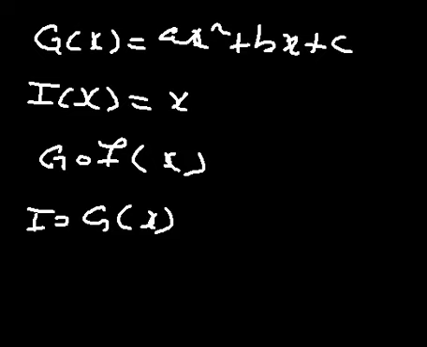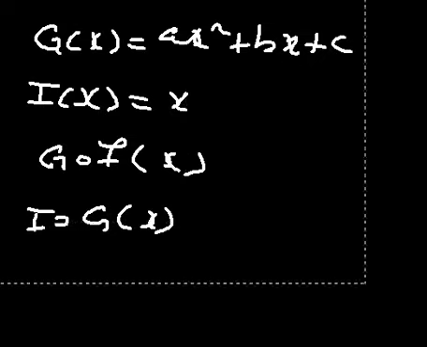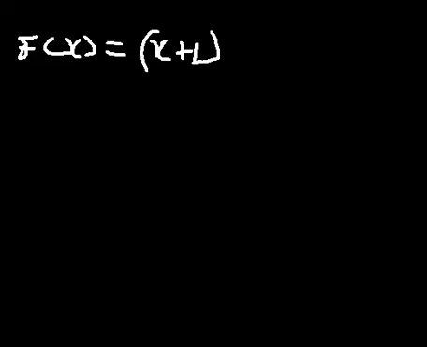Now let's say we have also this other case. You should also try this one at your own time. Let's say we have f of x being given as x plus 1 to the power 5.